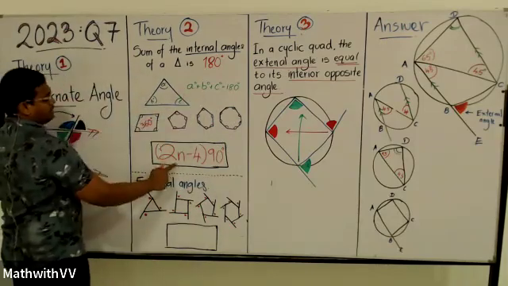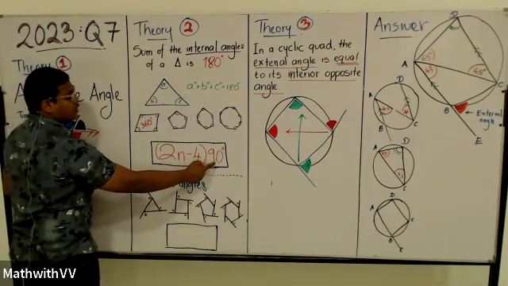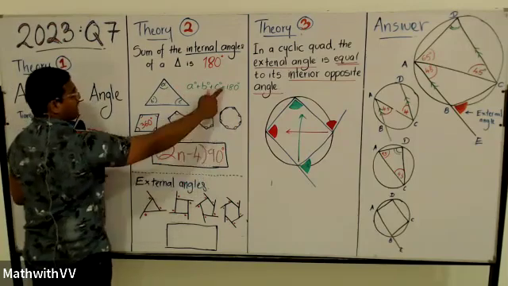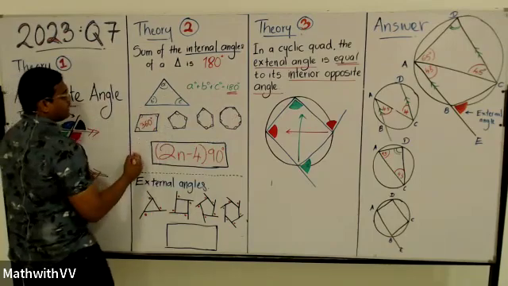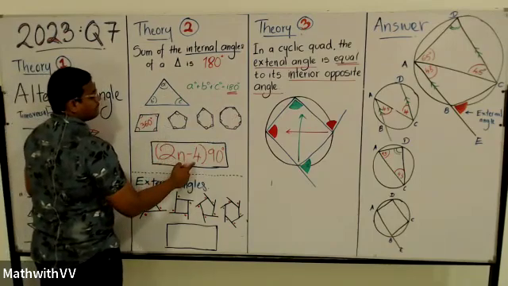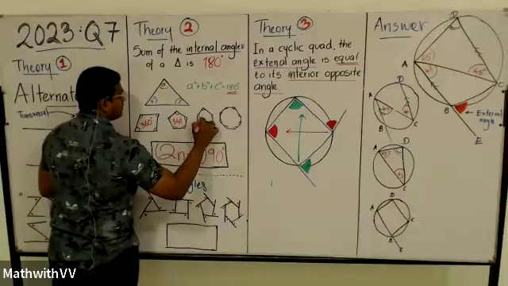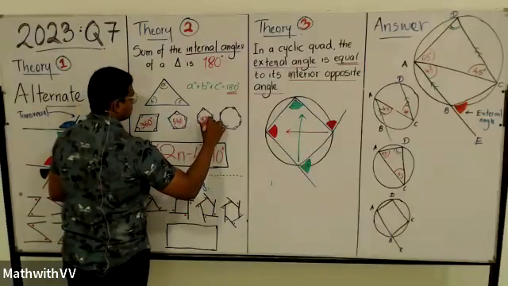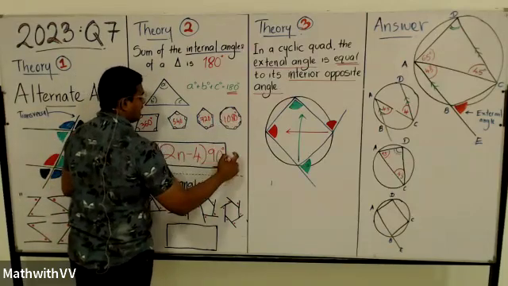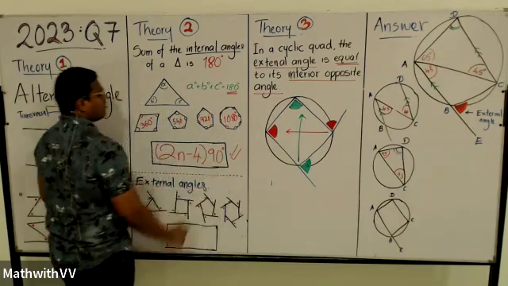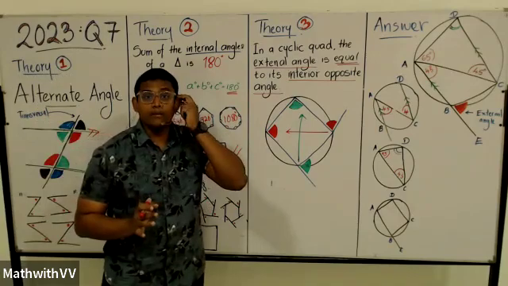For a triangle, the number of sides is 3: 2 into 3 is 6, 6 minus 4 is 2, 2 into 90 is 180. Likewise, a pentagon has 5 sides: 10 minus 4 is 6, so 540. A hexagon is 720, an octagon is 1080. Using this formula, no matter how many sides a polygon has, you can find the internal angle sum.